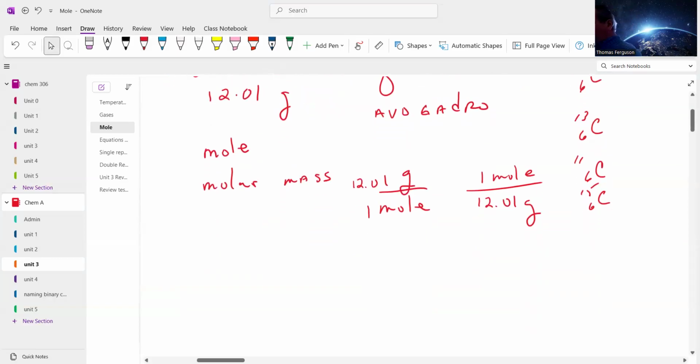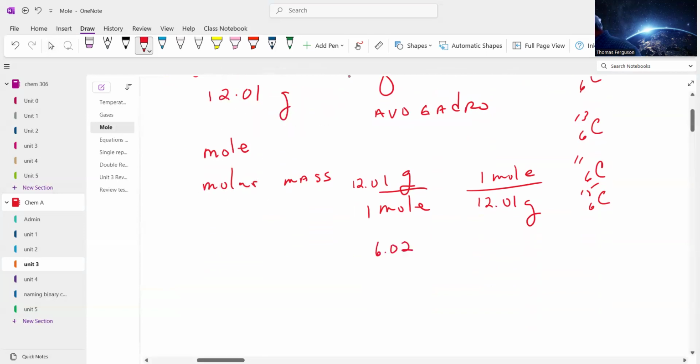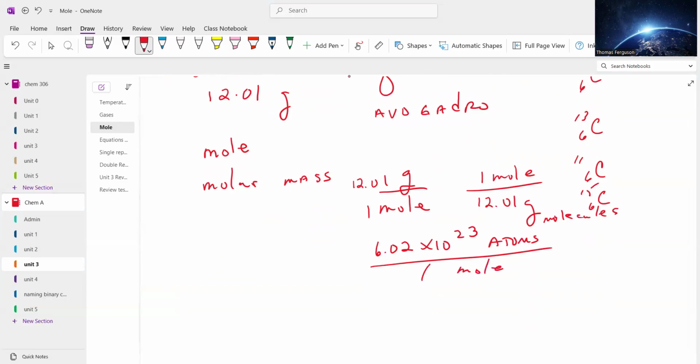There's another conversion factor built into that 6.02 number. So we have 6.02 times 10 to the 23rd atoms or molecules, depending on what we're working with, per mole.